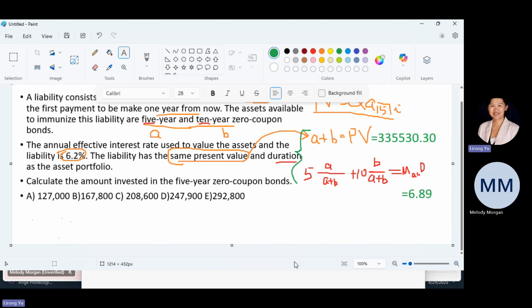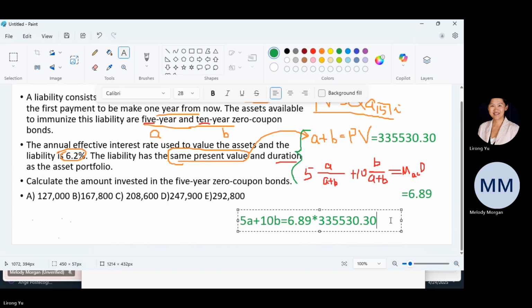So from this, we can see the second equation goes 5A plus 10B, which will equal 6.89 multiplied by A plus B. But what's A plus B? A plus B is the present value calculation. So that we have this.